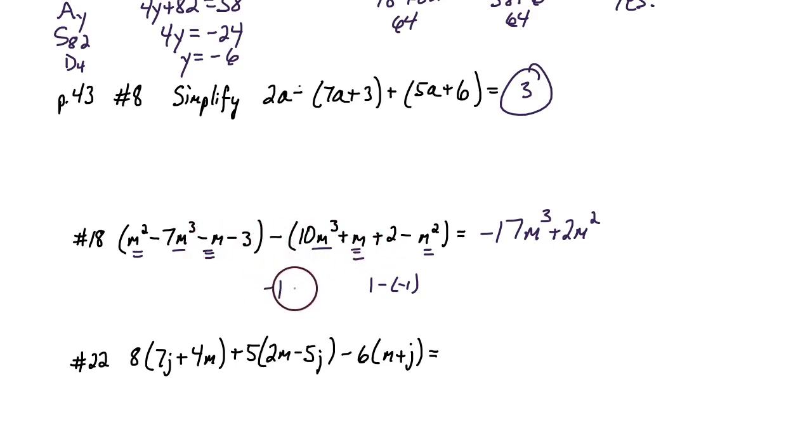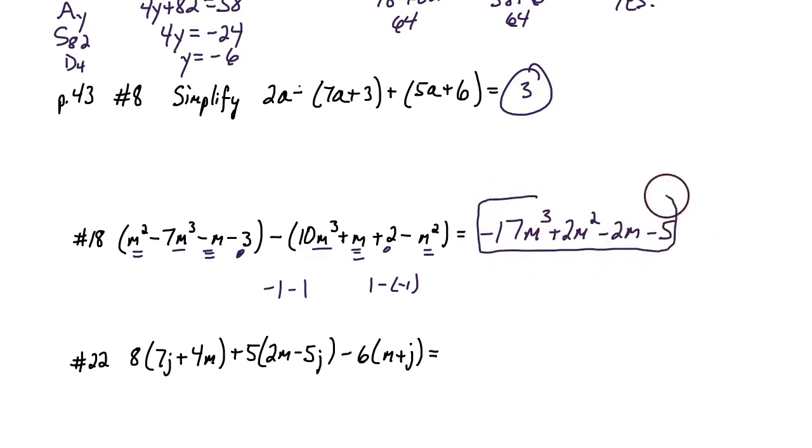We're doing -1 subtract a 1. That's -2. So in our answer, -2m. Finally, the constants. -3 subtract a 2. -3 subtract 2 is -5. So this polynomial is simplified form.